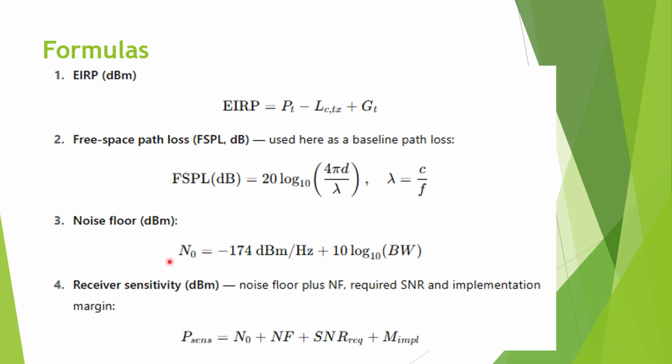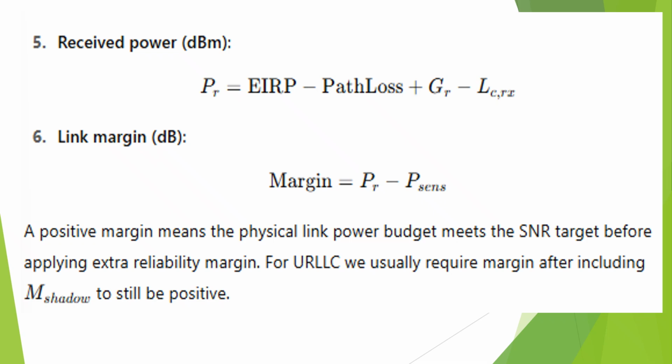Then noise floor, N0 equal to minus 174 dBm per hertz plus 10 log bandwidth. Bandwidth for scenario A is 180 kilohertz, and for scenario B we have to analyze 1 megahertz and 10 megahertz. Then the receiver sensitivity is N0, NF, SNR required, and the implementation margin. By adding all these components, you can calculate the receiver sensitivity.